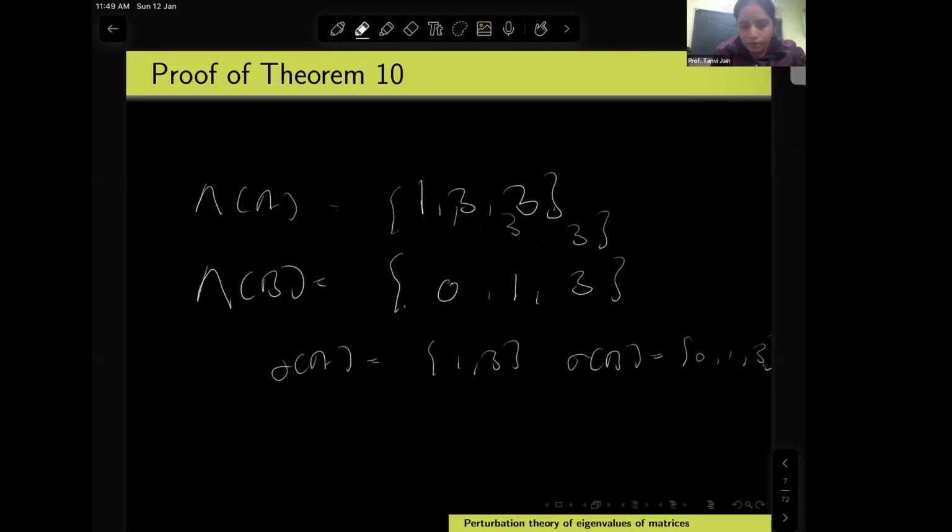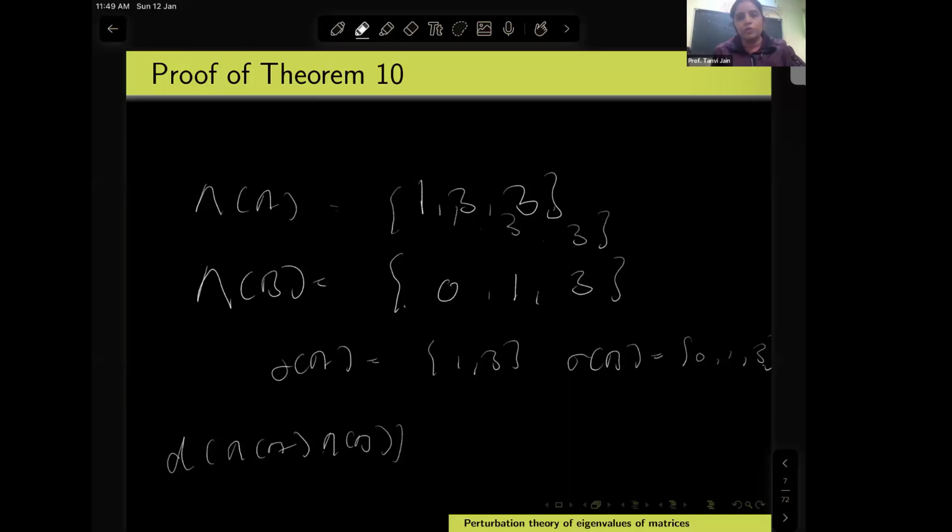What is the distance now here? First of all, let's take d(lambda A, lambda B). We have more experience with it. Can you guess? These are real eigenvalues, so just arrange them in decreasing order, then check it out.